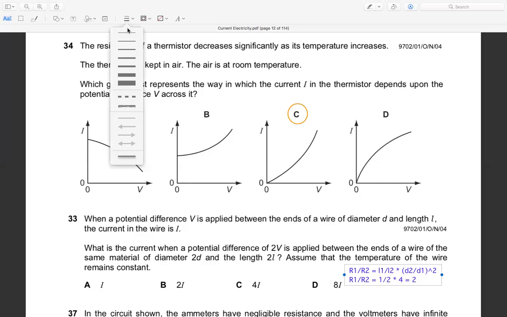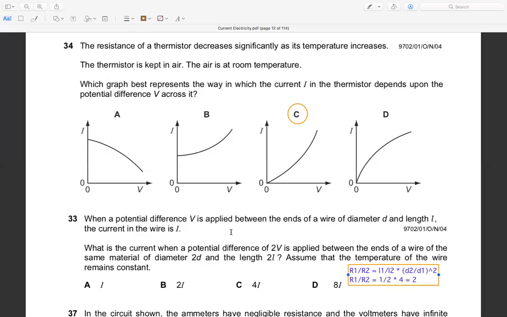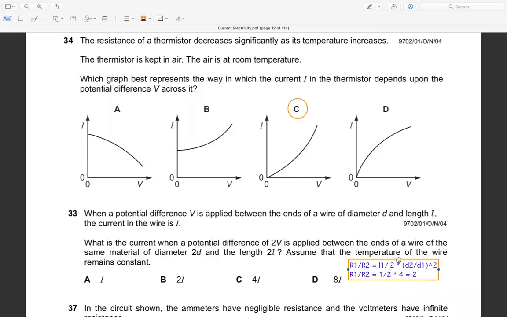This is about R. The second one is about V. V equals IR, so I equals V over R. Let's say I2 divided by I1 equals V2 divided by V1 times R1 divided by R2.